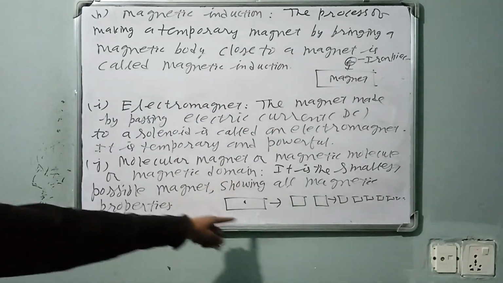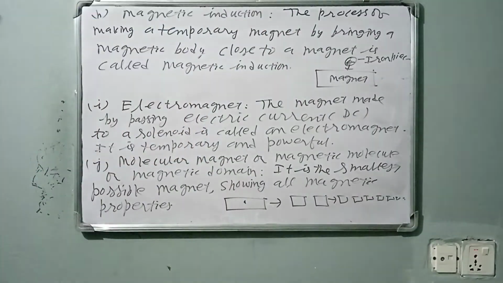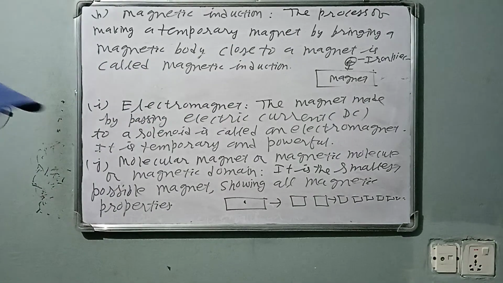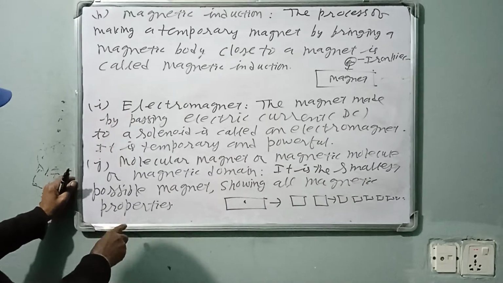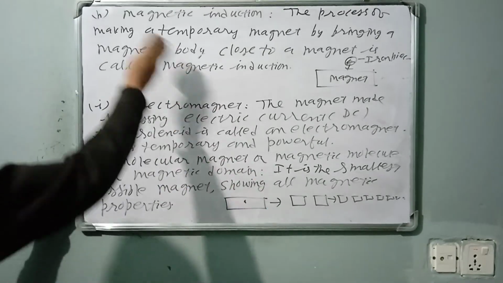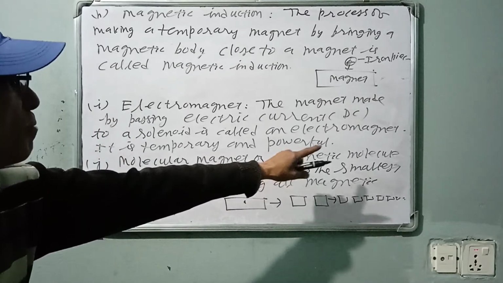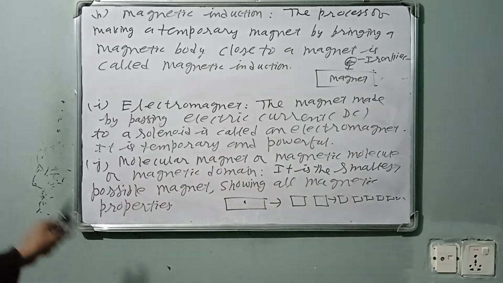You can break one magnet into two, 2 into 4, 4 into 8, 8 into 16, 16 into 32, and infinite numbers are the smallest possible magnet, and each and every smallest possible magnet has all magnetic properties. Electromagnet, molecular magnet or magnetic molecule or magnetic domain. It is also called the magnetic domain.